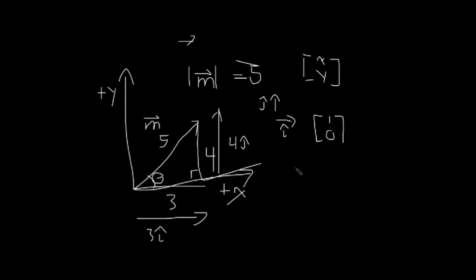Now, j hat would be the opposite, 0, 1. Now, j hat over here means 1 in the y direction and 0 in the x direction, hence j hat in the up direction of a magnitude of 1.